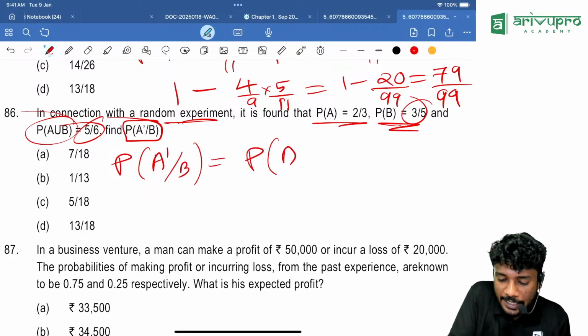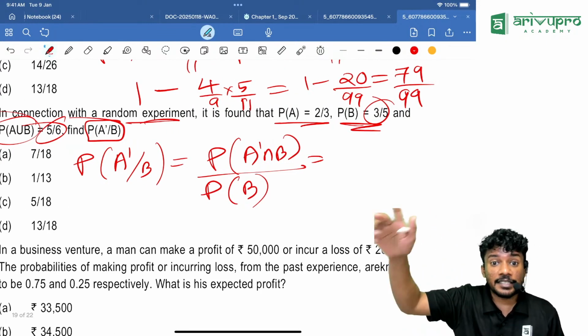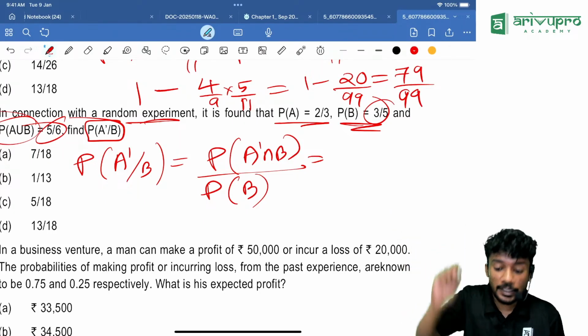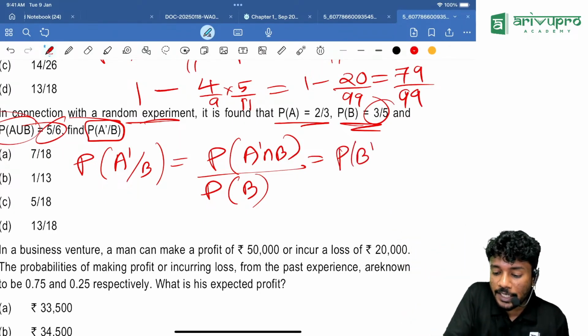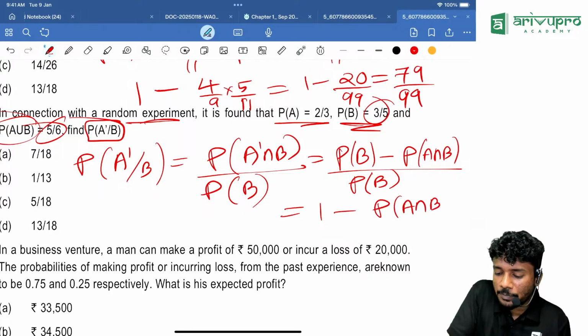P of A complement intersection B divided by P of B. Now, how will you write this P of A complement intersection B? That means in the intersection, A is not a part. That means P of B minus P of A intersection B divided by P of B. If we split it, it will be 1 minus P of A intersection B divided by P of B.